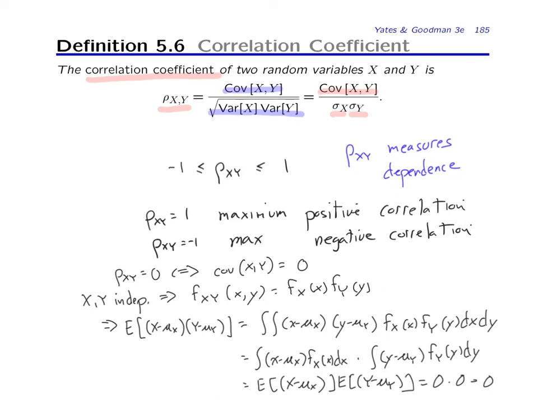In fact, as rho gets close to 1 or -1, we say the random variables x and y are highly correlated. On the other hand, when rho is close to 0, that gives us a clue that the dependence between x and y is weak, and in fact, it might mean that x and y are independent.